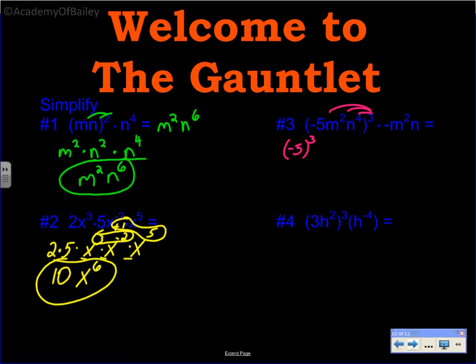We know m has an exponent of 2, so 2 times 3 is 6. N has an exponent of 4, so 4 times 3 is 12. We're going to multiply by negative m squared and times n.